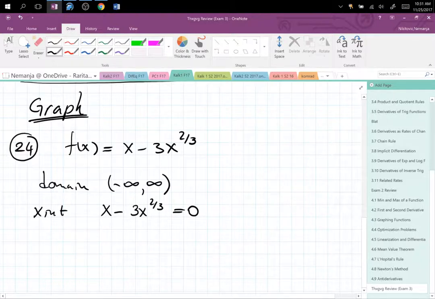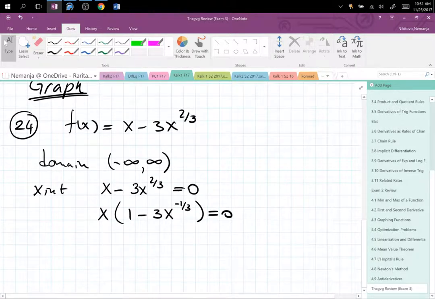Whatever makes you happy, but if you factor out x, you get x times 1 minus 3x to the negative 1/3 equal to 0. If you multiply back, you get everything exactly as is. And now you set x equal to 0, and you set 1 minus 3x to the negative 1/3 equal to 0.